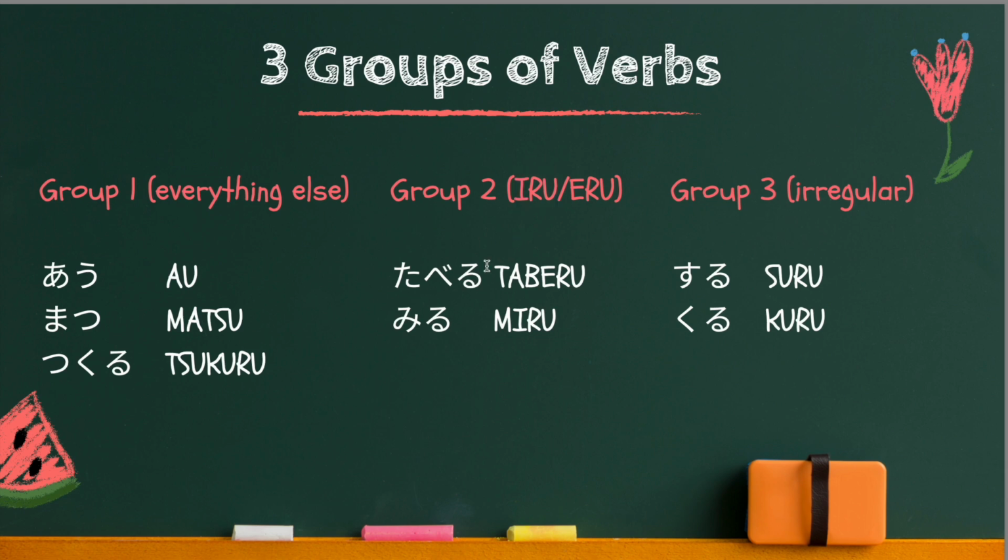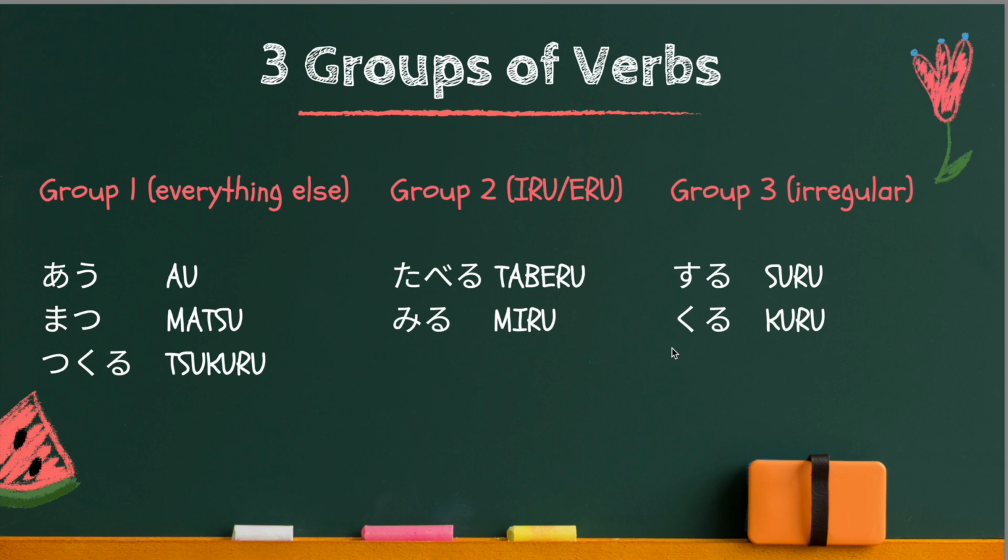So today, just remember that there are 3 groups of verbs in Japanese, and in order to make the te form, you need to know the dictionary form verbs. You don't have to remember everything all at once. Today, let's just remember those important verbs.